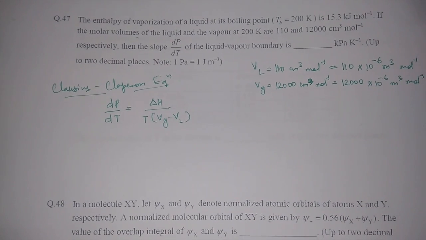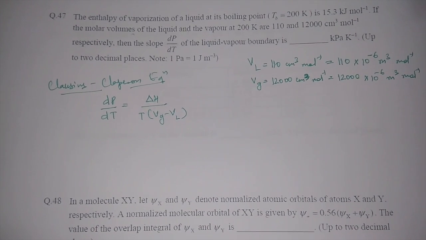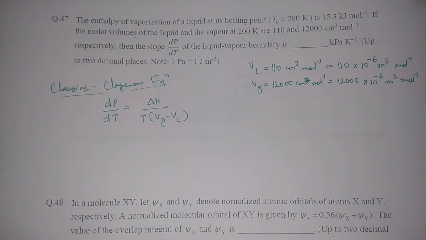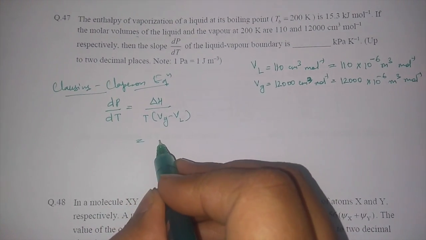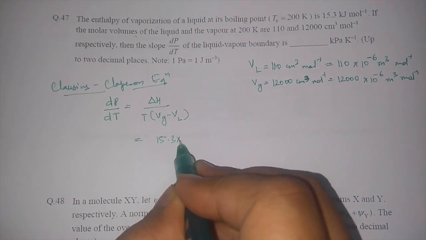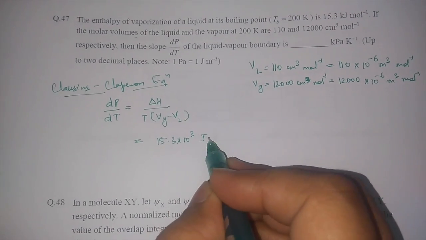So when you solve all of these, I'll solve this out. Over here delta H will be 15.3 into 10 to the power 3; I have converted kilojoule into joules per mole.